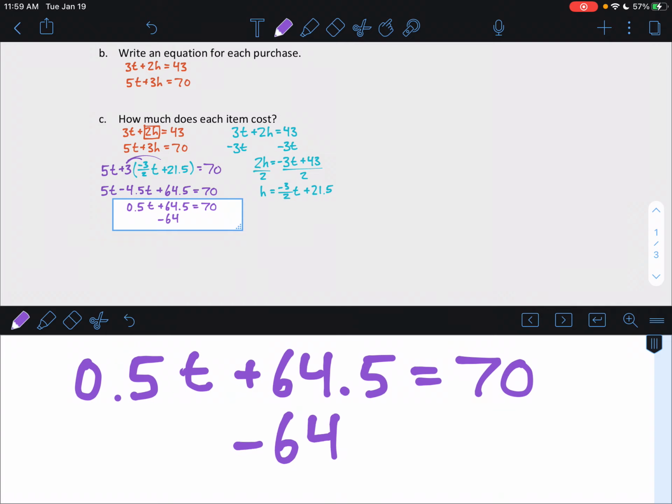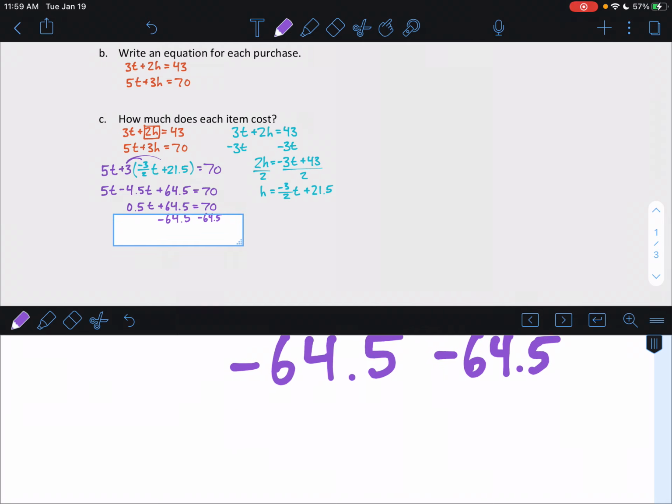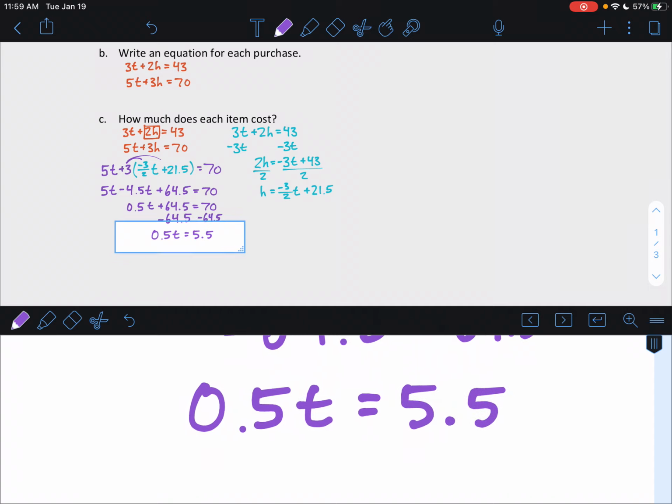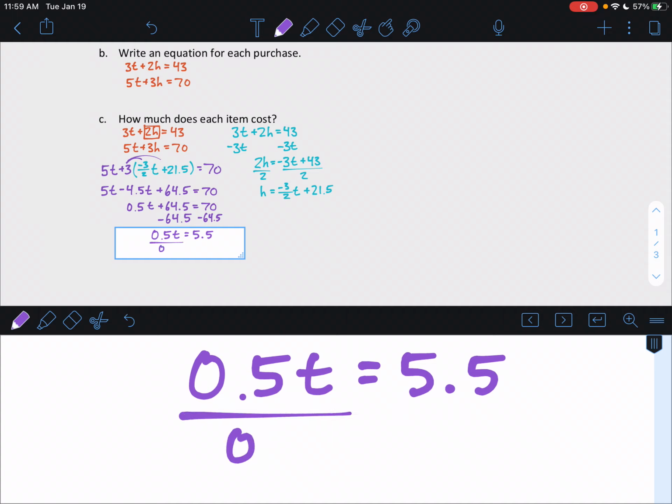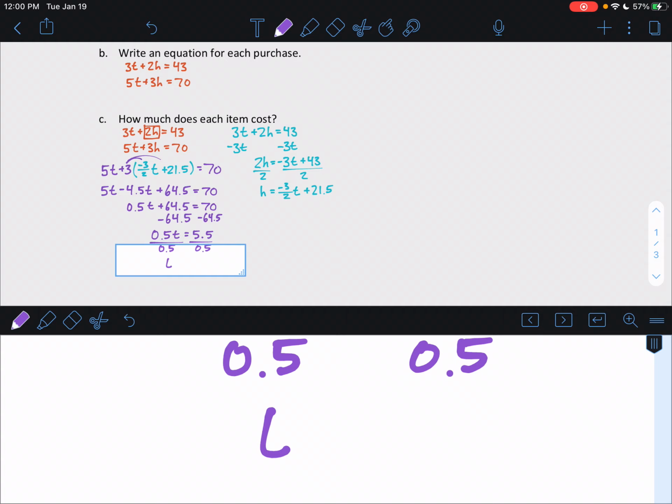Subtract 64.5 from both sides. And that gives me 0.5t equals, let's see, 70 minus 64.5 is 5.5. Then I'm going to divide both sides by 0.5. And I get t equals 11.